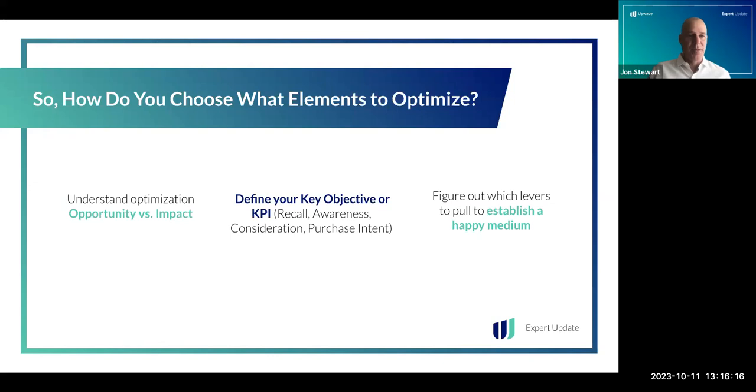Because not all campaigns are created equal. An awareness campaign, in terms of the creative and tactics, probably looks a lot different than a consideration campaign, or something lower in the brand funnel. And then you use the data and tools available to find out which levers you can pull.